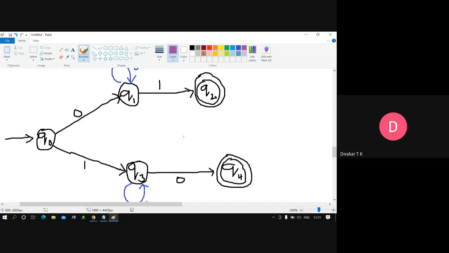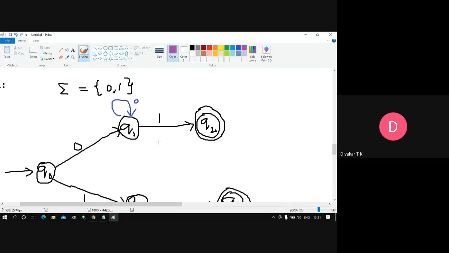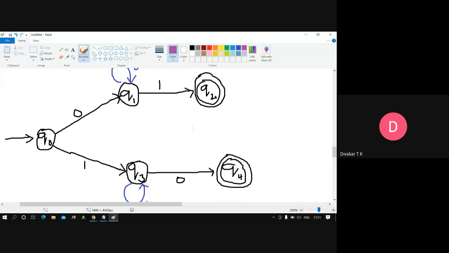When that part is done, it's easy now. So q0 is done, q1 is done, q3 is done, q2, q4. I'm supposed to say like this: from q2 to q3 one symbol will go, from q4 to q1 the 0 symbol we are passing. Now I'll erase this part.